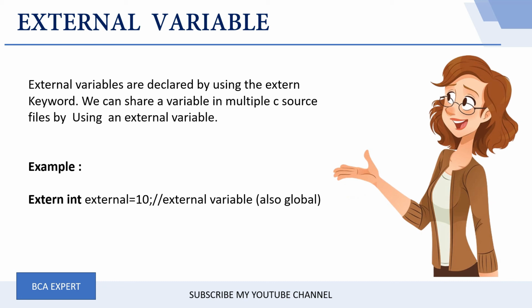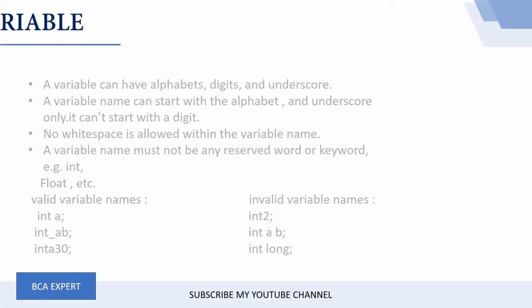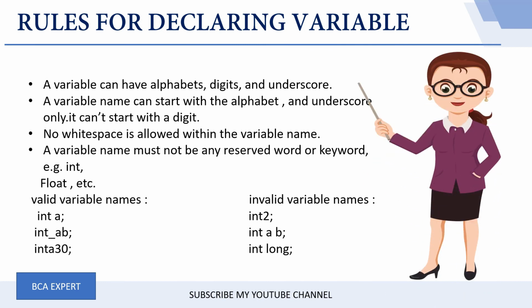Now, similar to the rules of declaring identifiers, we have the same rules for declaring variables. The rules are: a variable can have alphabets, digits and underscore, but not special symbols. A variable name can start with an alphabet or underscore only; it cannot start with a digit.